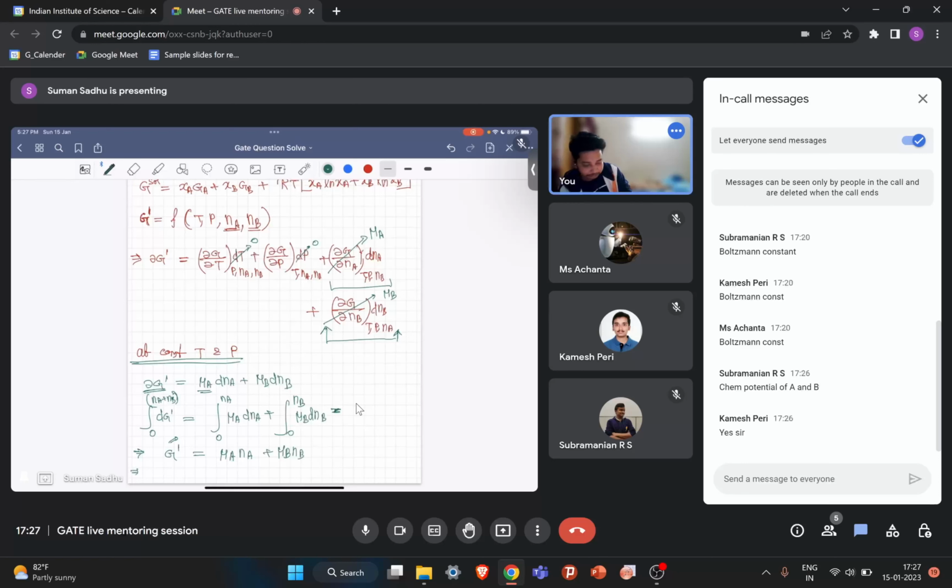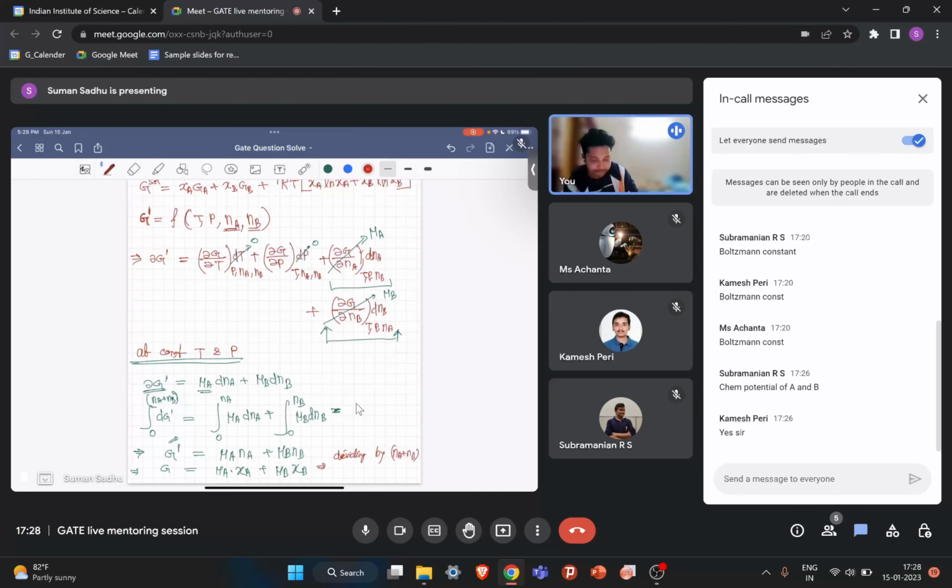Now if you divide g prime by na plus nb, you will get the molar free energy, right? And mu a times xa plus mu b times xb. So we got this by dividing by na plus nb.